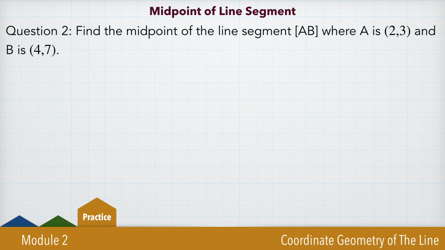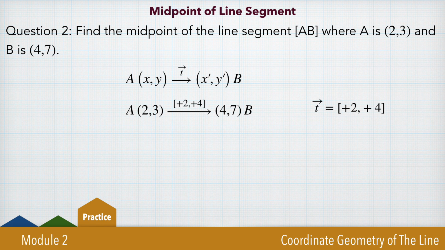In this question, we need to find the midpoint of the line segment AB, where A is 2, 3 and B is 4, 7. Here we will practice using translations. We start by determining the translation of point A to point B. The operation of this translation is +2, +4.